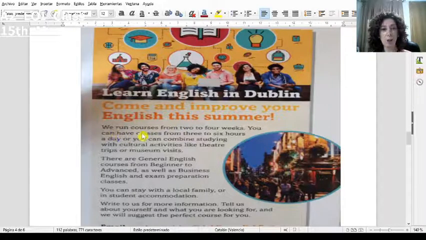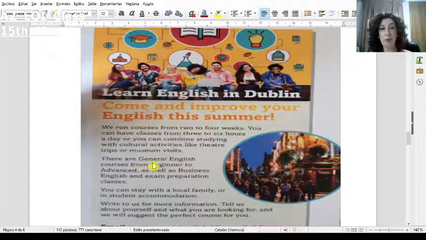We run courses from 2 to 4 weeks. Des de 2 fins a 4 setmanes. Decidiu quantes voleu quedar-se. You can have classes from 3 to 6 hours a day. També podeu elegir. Or you can combine studying with cultural activities like theater, trips, or museum visits.